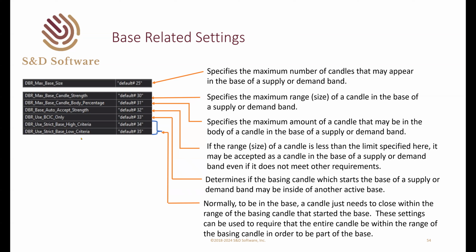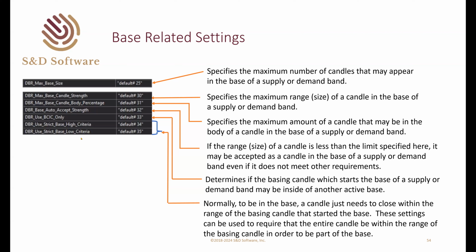Another method for finding supply and demand bands is something called the boring exciting technique. And in that particular method, in your base, you want what's called boring candles. And so you don't want big candles. And for the candles that are there, you would prefer to have more of the candle in the wicks than in the body.